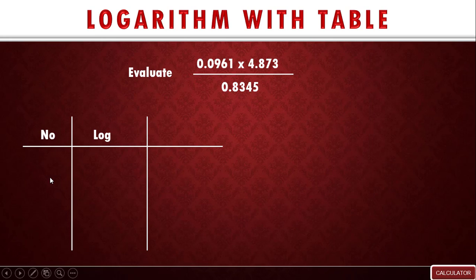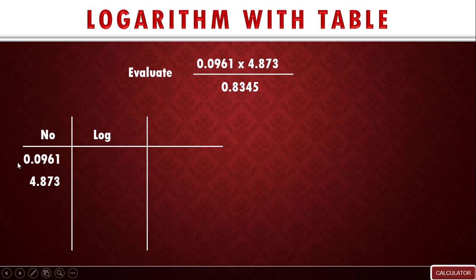Okay, so let's determine the first one, which is the numerator side, 0.0961 multiplied by 4.873. So that's the first one we need to do. Arrange both numbers and then determine their logarithm. But first, check if the number is less than 1 or greater than 1.